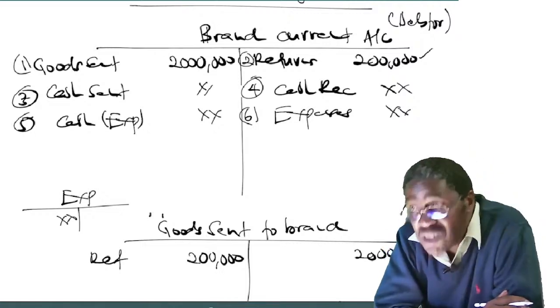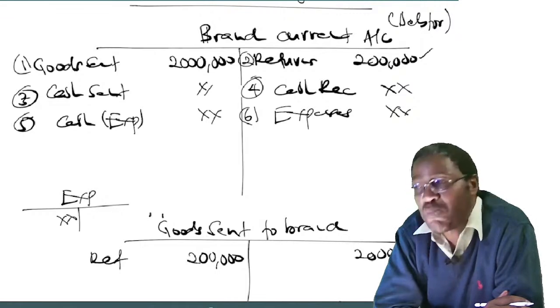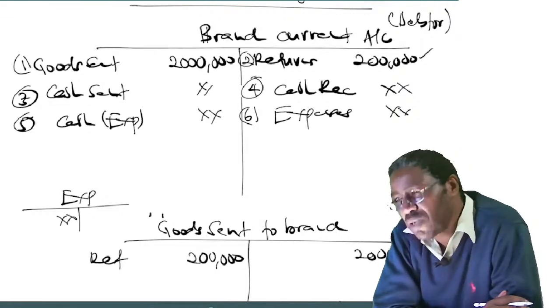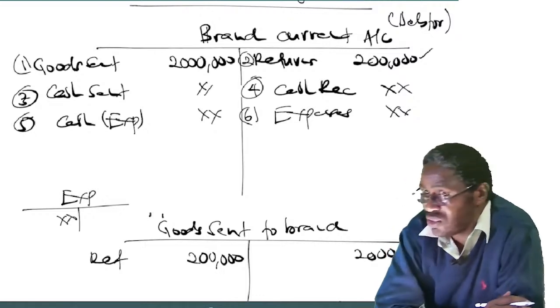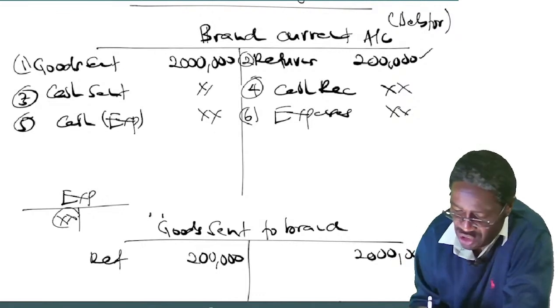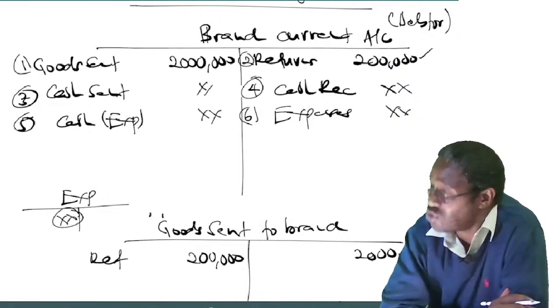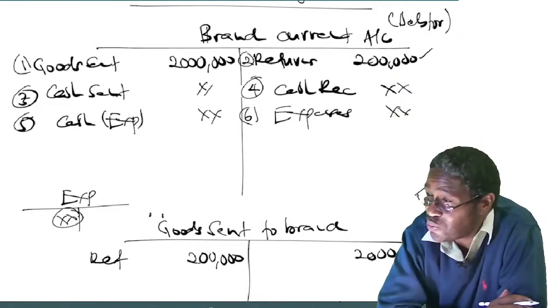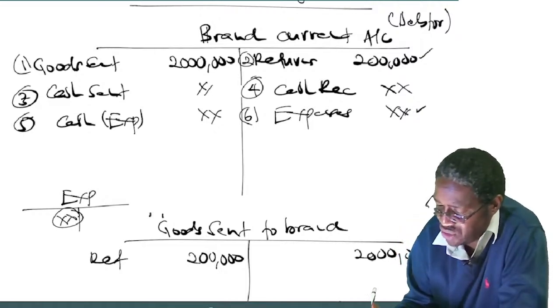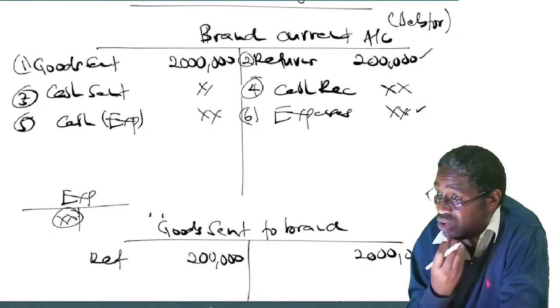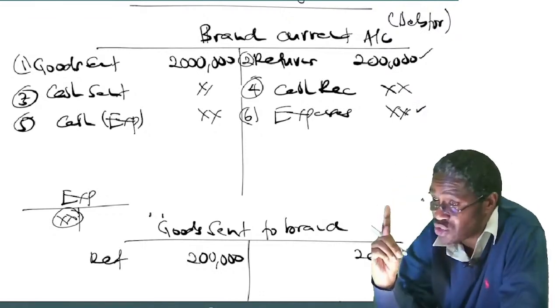With head office expenses paid for by the branch on behalf of the head office. So I've said, as head office, you debit expenses and you credit branch current account. Why do you credit branch current account? To reduce what the branch owes you.